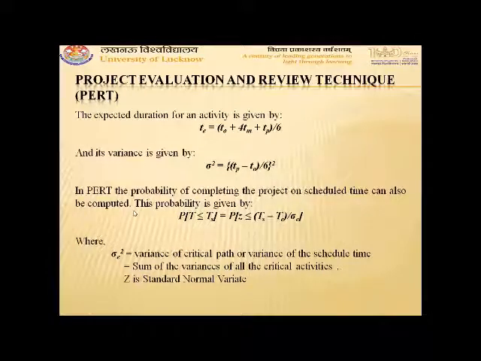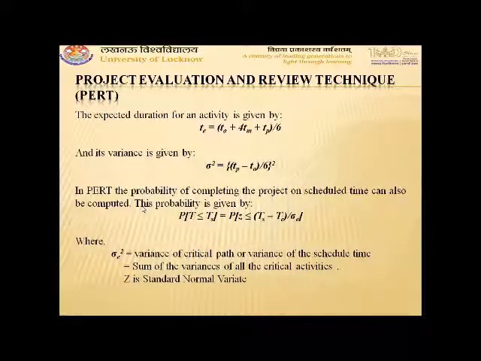In fact, the probability of completing the project on schedule time can also be computed, and this probability is given by probability that the time is less than or equal to schedule time equals probability Z is less than or equal to (Ts minus Te) upon sigma e.